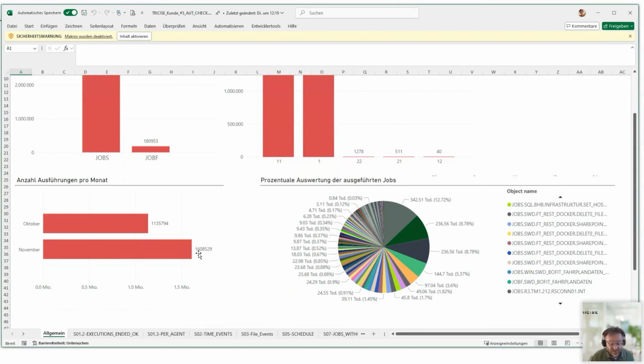We discussed this with the customer and said, hey, nice, you had a significant increase in executions. He said, yeah, we took over a new department and we implemented the logic in Automic. And that was the reason why we had this jump from 1.1 to 1.6 million executions.